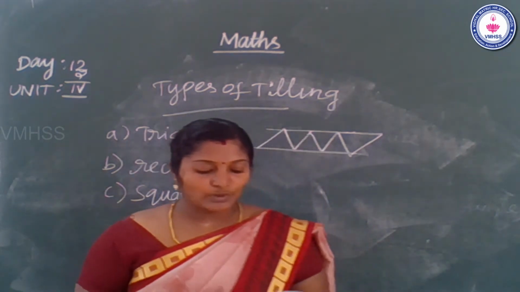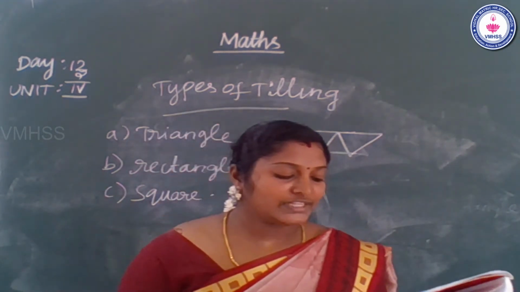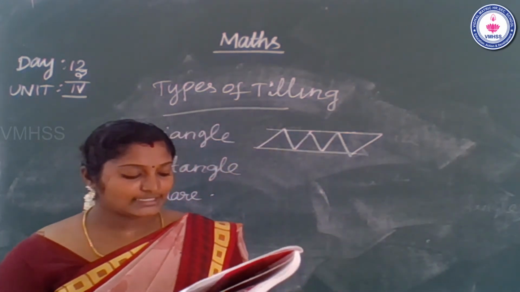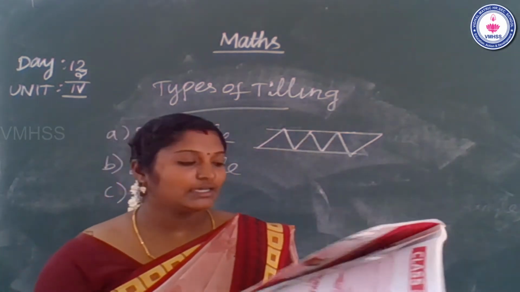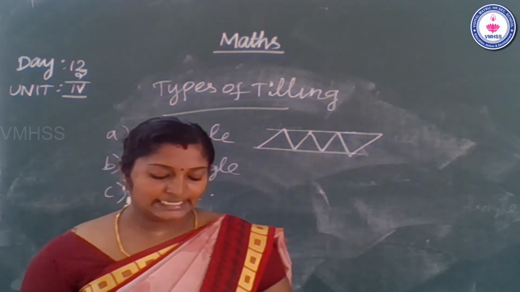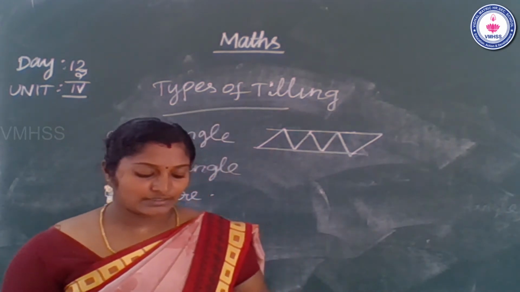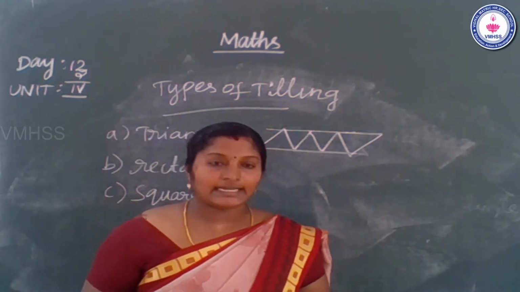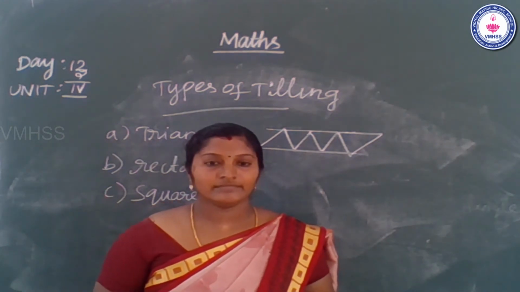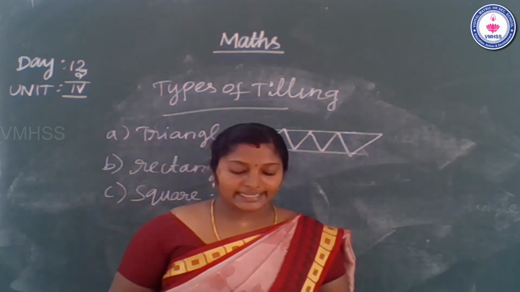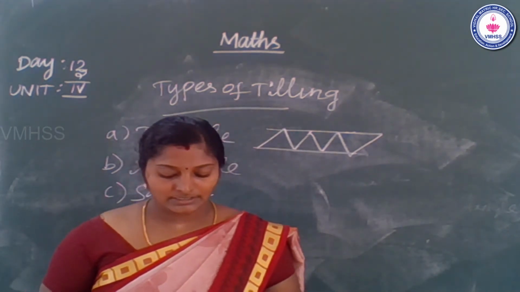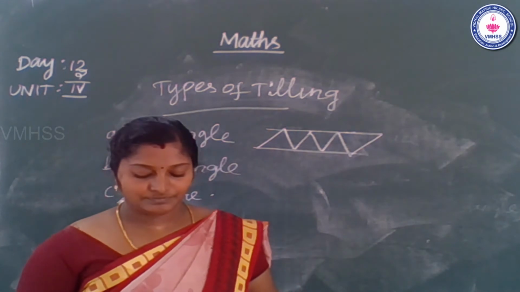Okay, next one. Take the shapes that tile and cross out the ones that do not. First one, is it tilling or not? Am I right? No, it's tilling, so you take the correct answer. Second one is non-tilling, so you cross the line.